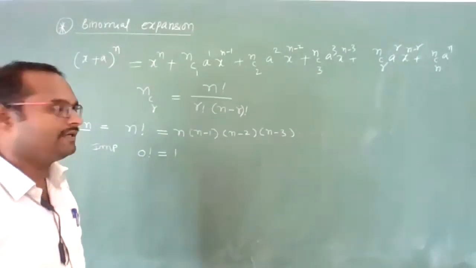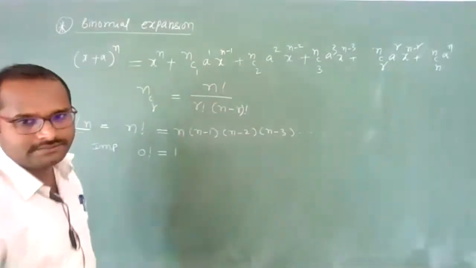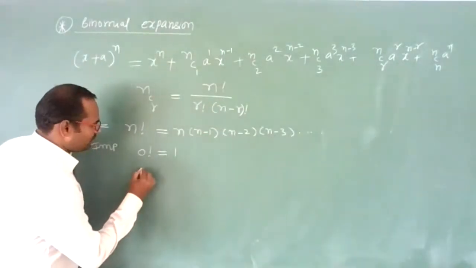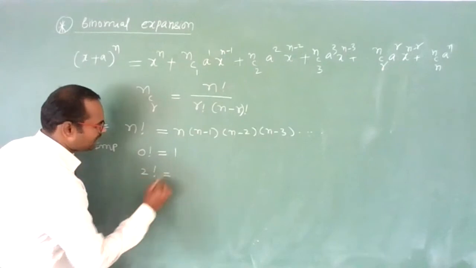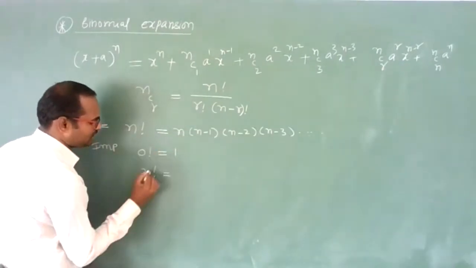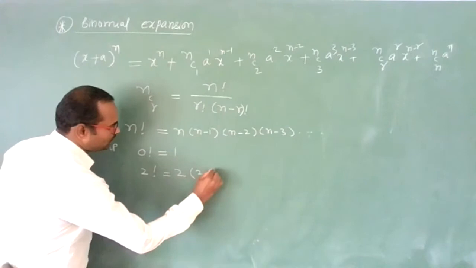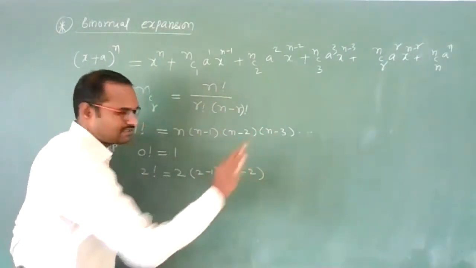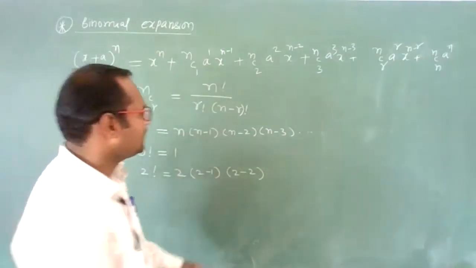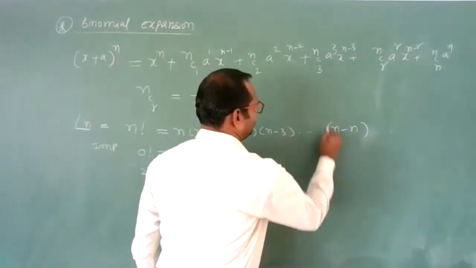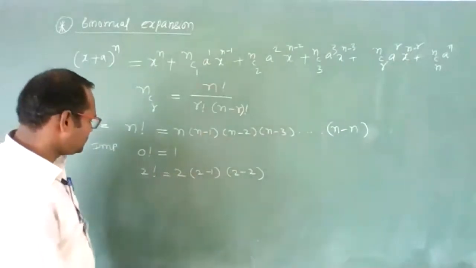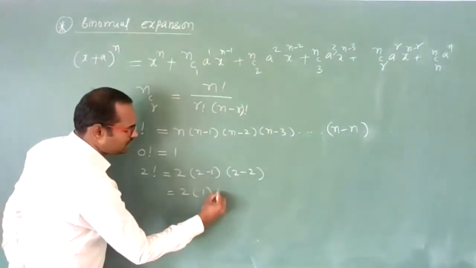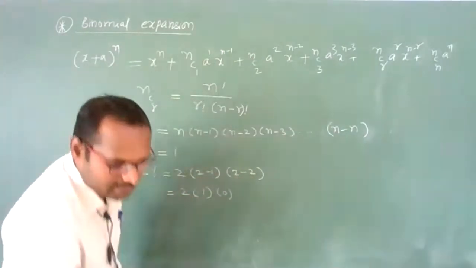Clear? And another point: if you want 2 factorial, in the place of n you keep 2. 2 into 2 minus 1, finished. 2 minus 3 you should not take. Up to n minus n you should take, so it is 2 into 2 minus 1 is 1 into 0, and 2 minus 2 is 0, so this you should not take.